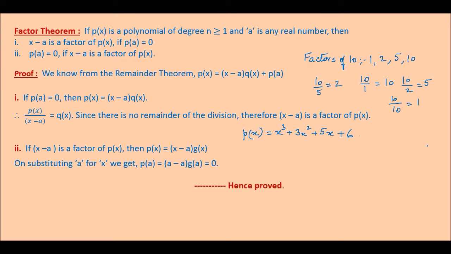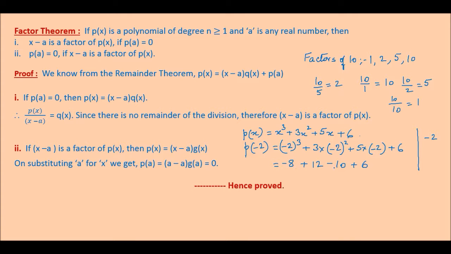You can start with 1. I am taking this number minus 2, and we will be finding the value of p of minus 2. So p of minus 2 is equal to minus 2 whole raised to the power of 3 plus 3 times minus 2 whole squared plus 5 times minus 2 plus 6, which is equal to minus 2 whole cube is minus 8 plus minus 2 whole squared is plus 4 times 3 is plus 12. 5 times minus 2 is minus 10 and plus 6.